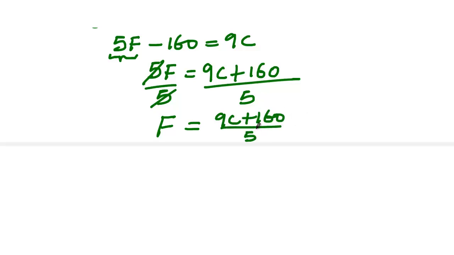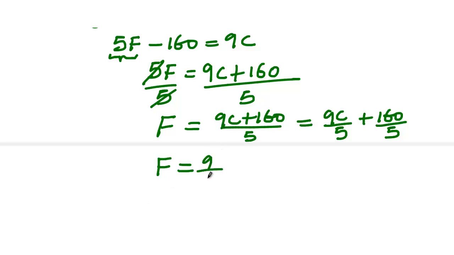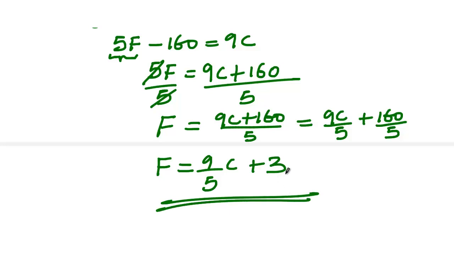So we can distribute this 5 because it's more like an LCM. This can still be written as 9C over 5 plus 160 over 5. So we have that F in this case will now be 9 over 5 C, then 160 divided by 5 will give us 32, plus 32. So this is the value of F, which has been made the subject of the formula.